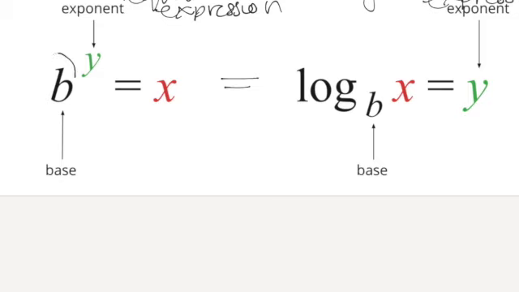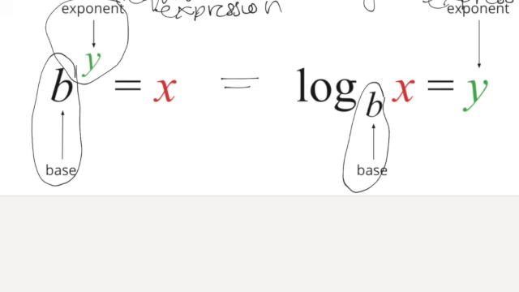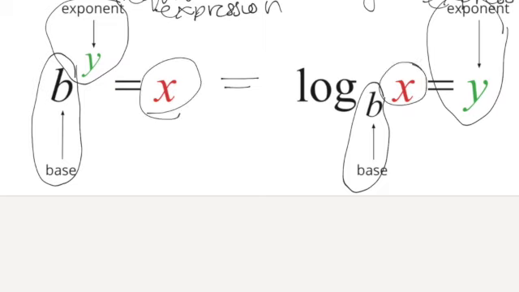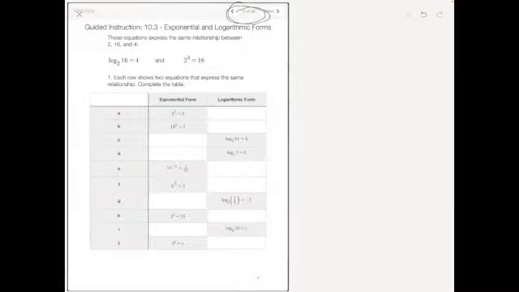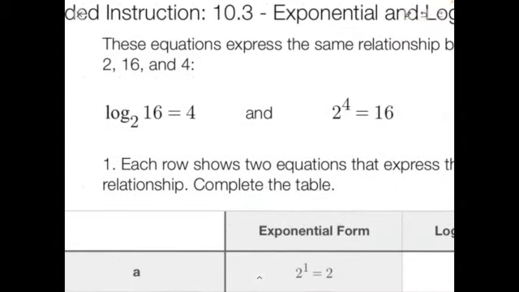They both include a base. They both include an exponent to raise that base to, and they both give the value x. So we're going to keep this in mind as we are completing these problems on this screen here. So for example, log base 2 of 16 is equal to 4. That's the logarithmic expression.